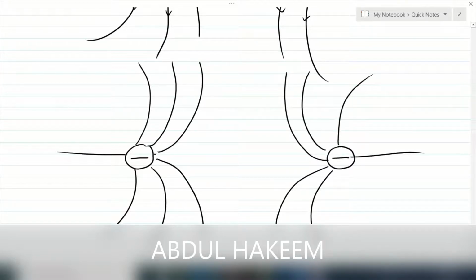So field lines are directed inward. This is the difference. And this point is again the neutral point. No field, no force will be experienced by the object. So this is the resultant electric field.